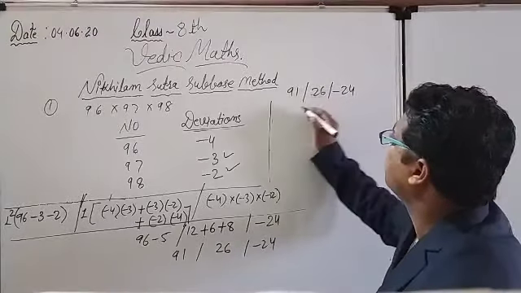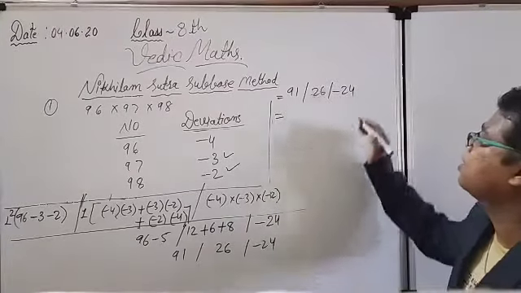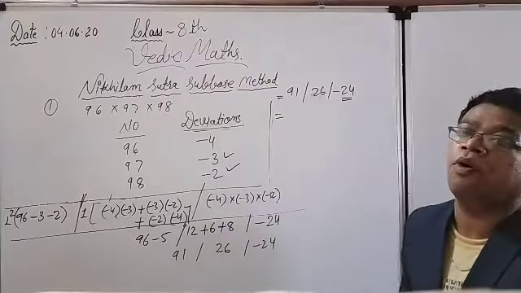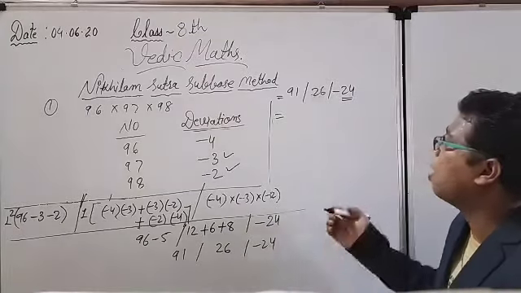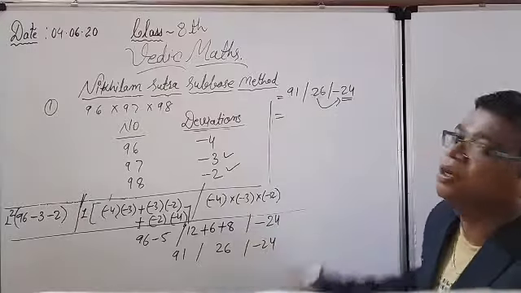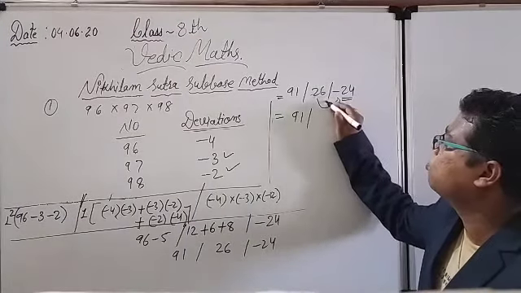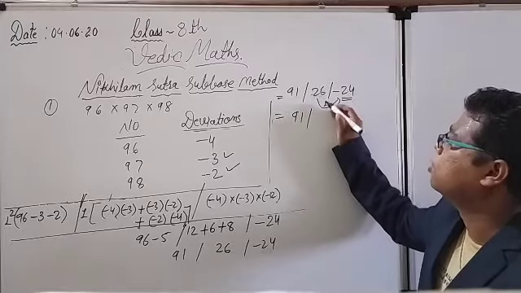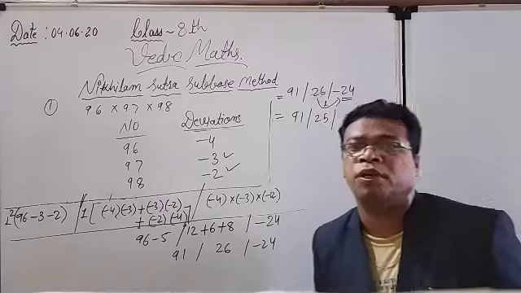minus 24. Here again the same case has arisen. What is the same case? If I am getting the negative form in any section, if I am getting a negative digit, how do I make it positive with the help of a borrow? See here, 91, that 26 will give 1 borrow to the 24. So it is decreased by 1. So what do I have to write down? I have to write down 25.